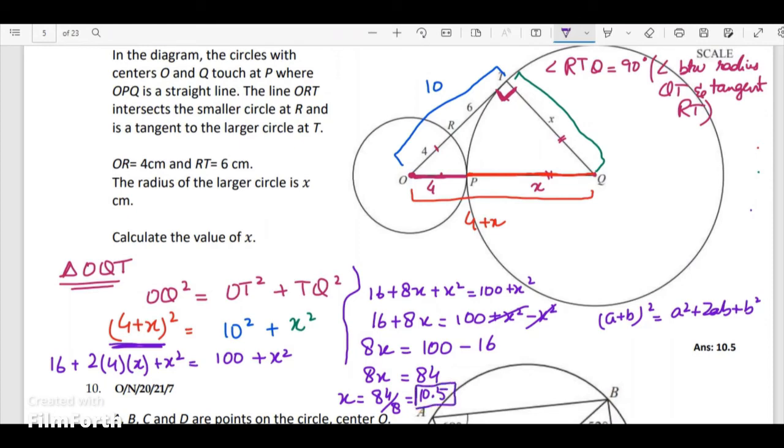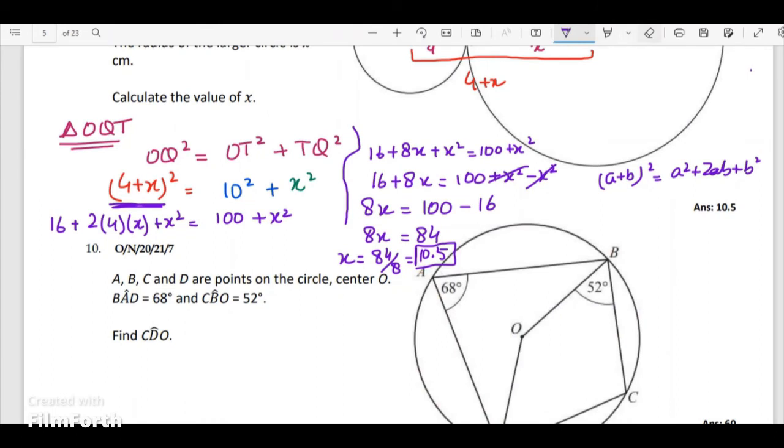This right here is your answer. I should erase it from here. 10.5. Okay, that's it. The final answer, nice, neat, and clean.